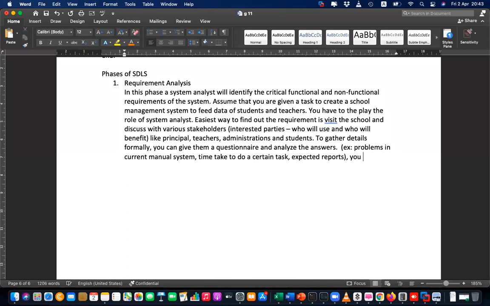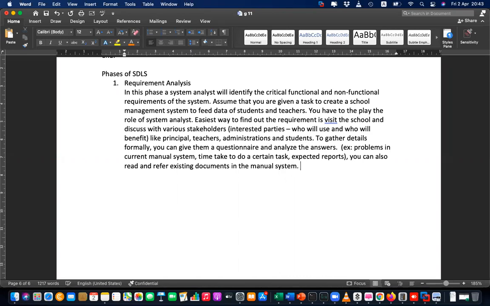You can also monitor, observe, or read and refer to existing documents in the manual system.